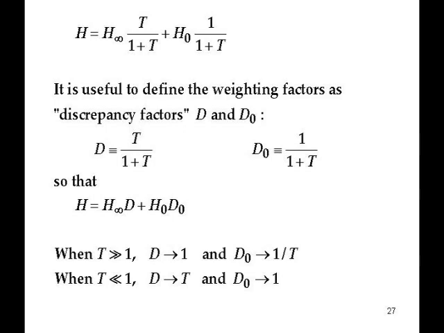D0 is simply the complement of that. It's 1 minus D. It's the weighting factor for the H0 term. So a little more condensed way of writing that is the total closed loop gain H is H infinity D plus H0 times D0.